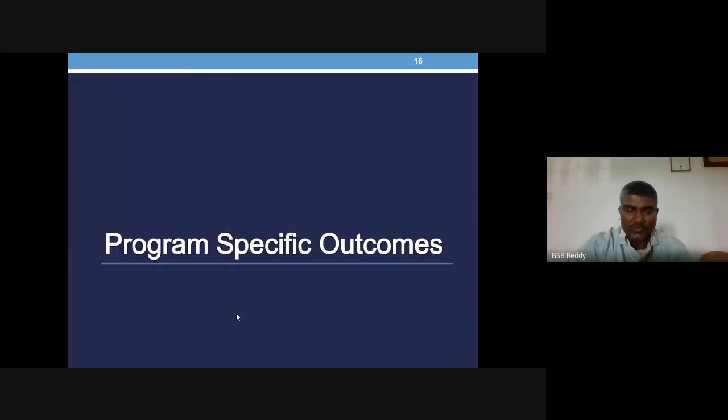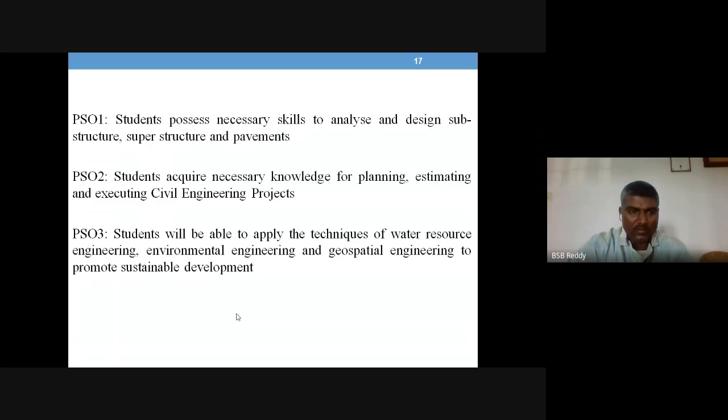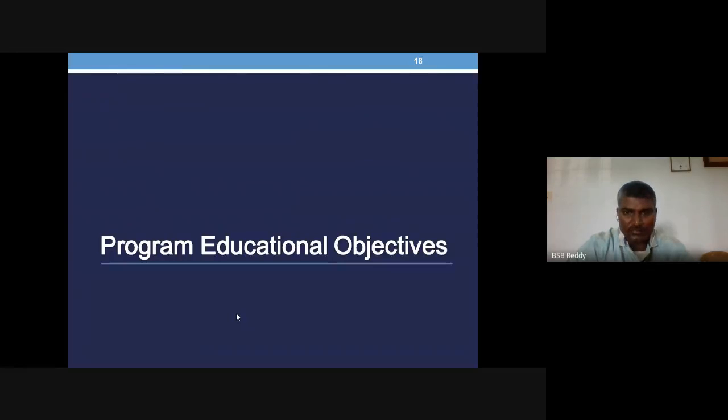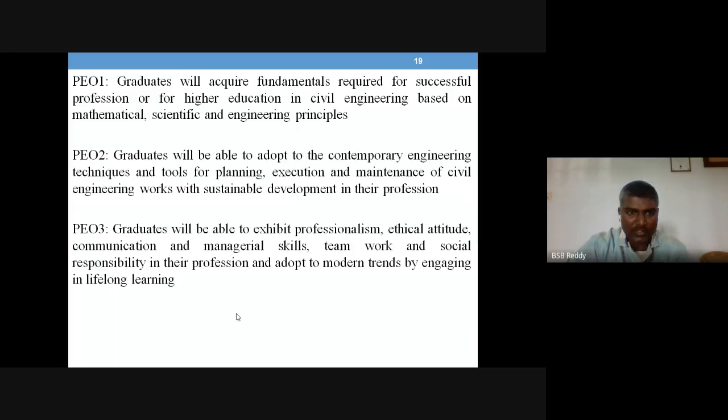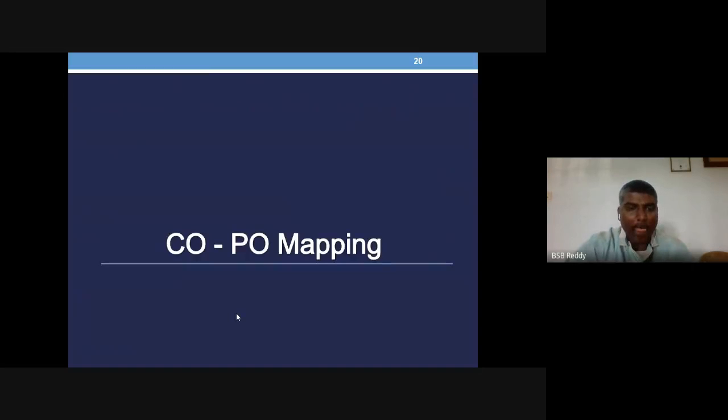and program specific outcomes are specific to the branch or program called civil engineering, and program educational objectives also pertain to a particular branch, what the student will be able to do after graduation, maybe 2 to 3 years after graduation.